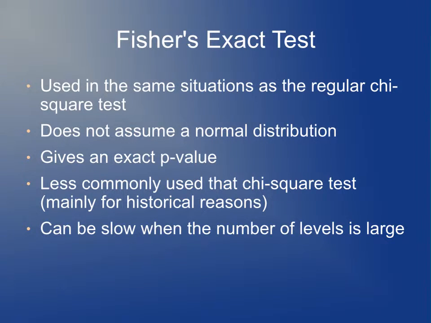Before we had computers, Fisher's exact test was virtually impossible to compute, whereas the chi-square test was relatively easy. Nowadays, with computers, I think Fisher's exact test should be used a lot more often than it is. The biggest downside is that if you give it a large table, it can be really slow and can sometimes cause R to crash because it uses too much memory.